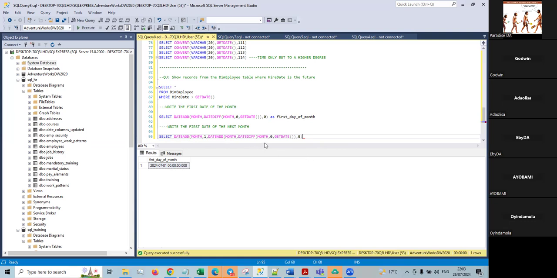There should be another bracket closing here. So that's select, date add, month, 1 step, next month 1, date add, month, date diff, month, 0, get date. Yep.